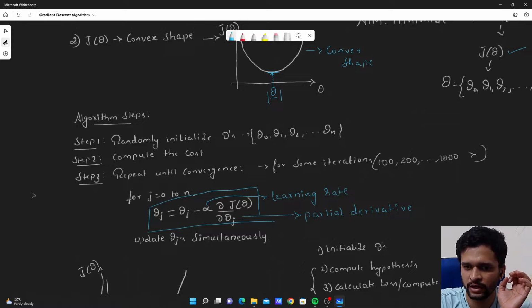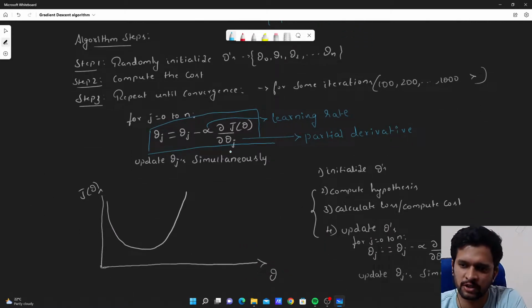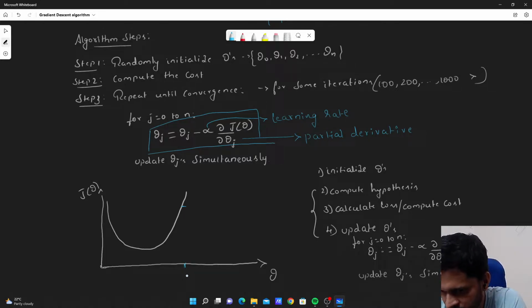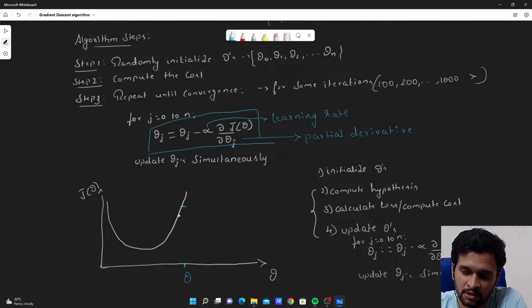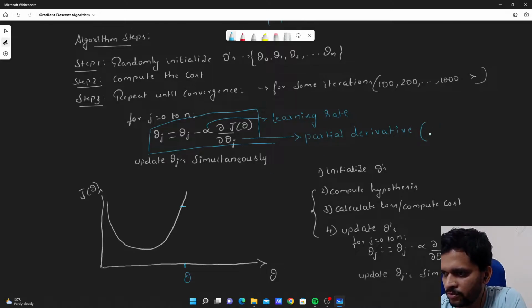If we look at this cost function here, initially let's say we have initialized theta somewhere here. With respect to this particular point of theta, the associated cost is this much. Now, to explain what this partial derivative does, all we are doing here is calculating the slope of this line at this particular point. That's what this partial derivative deals with.